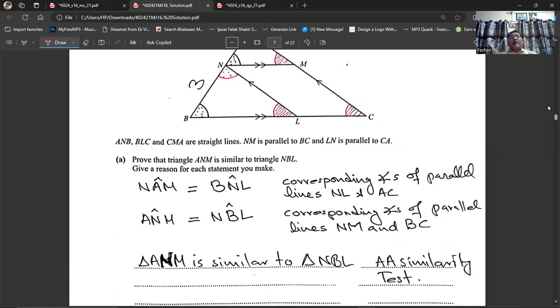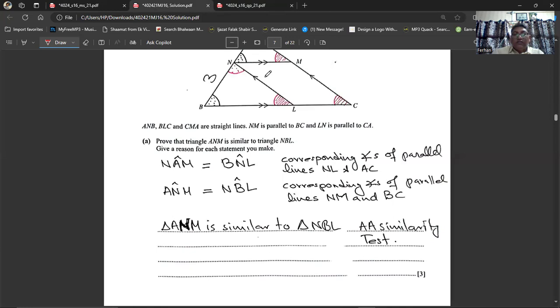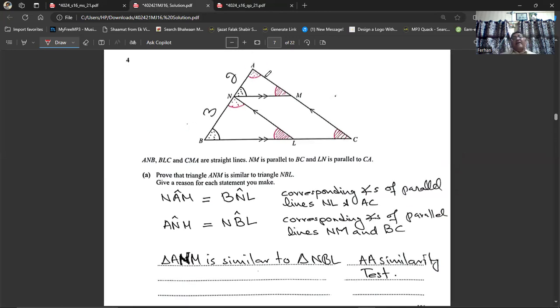So the reasons are: angle NAM will be equal to the angle BNL. The reason is they are the corresponding angles of the parallel lines NL and AC. Then angle ANM is equal to the angle NBL. The reason is the corresponding angles of the parallel lines NM and BC.